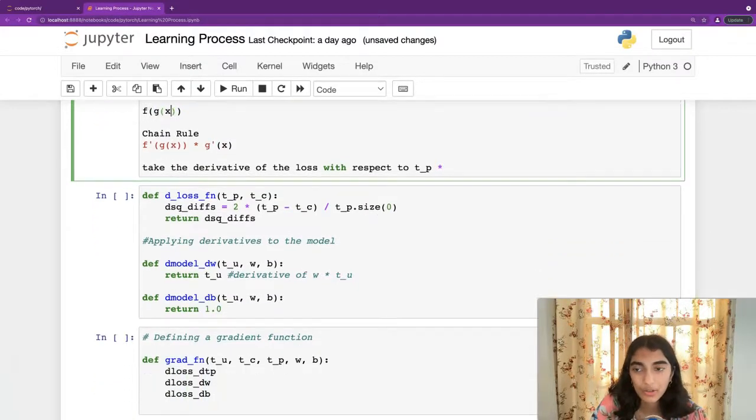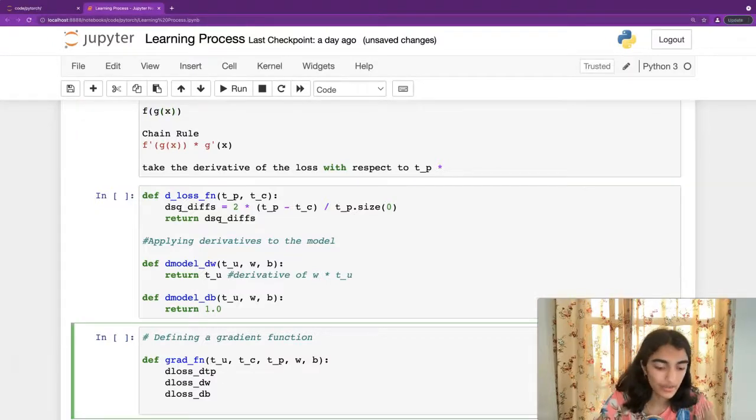So our direct input to our loss function, which is the f, is the predicted value. So let's take that derivative. We have dloss_fn of tp and tc. This is the first part of the chain rule.